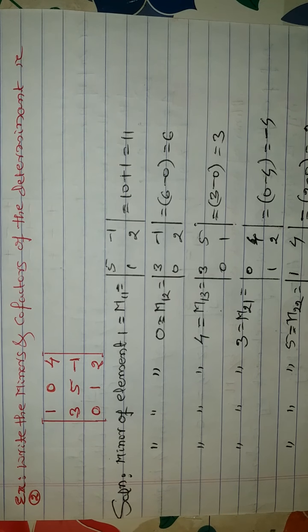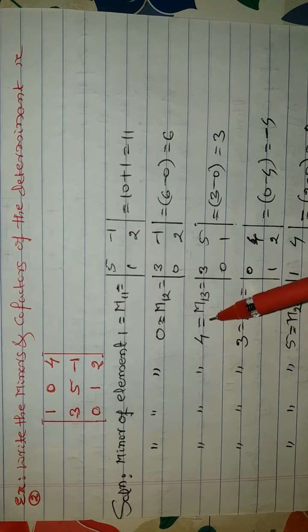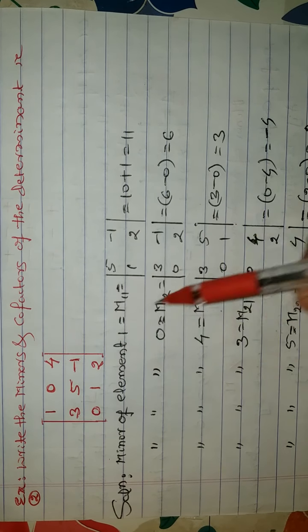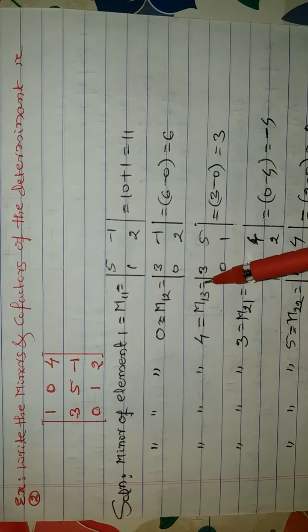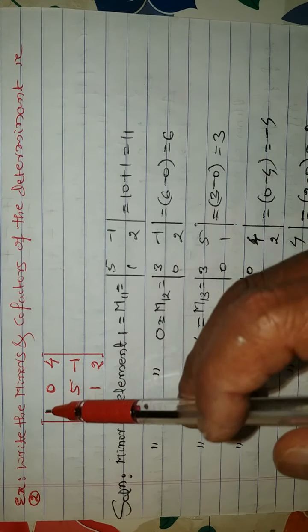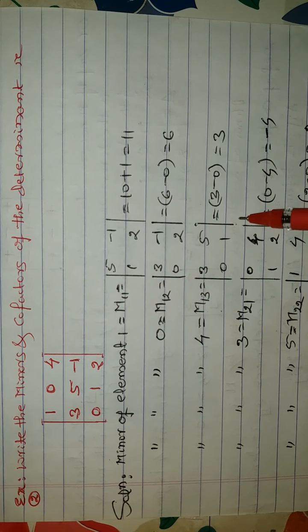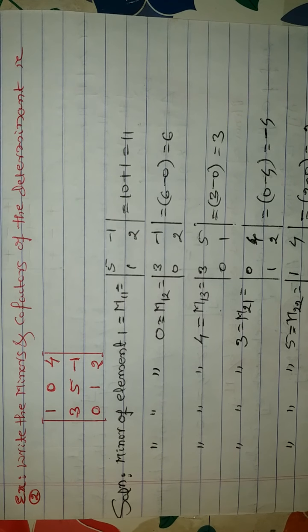Then minor of the element 4, which is in the A13 position, is denoted by M13. That equals, leave this row, this column, 3, 5, 0, 1, that is equal to, cross multiply, we get the value 3 minus 0, which equals 3.